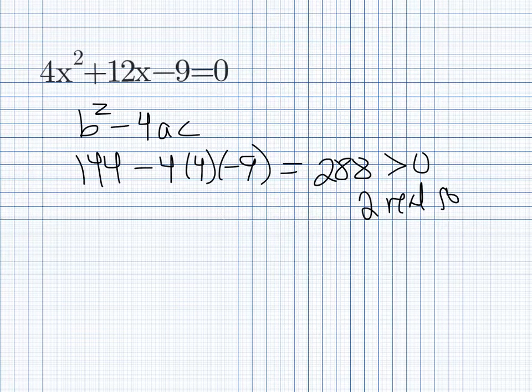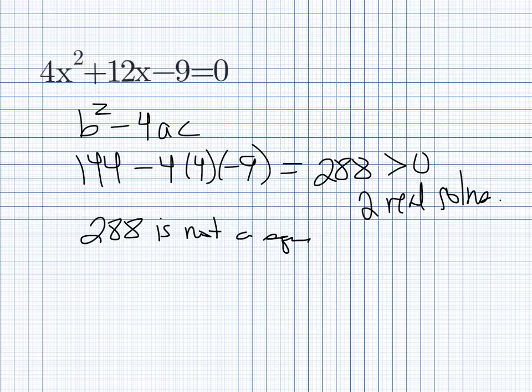And then the problem asks us to break this down further. It says, determine whether the real solutions are rational or irrational. So now we need to know whether or not 288 is a square. It turns out that 288 is not a square. So that means that it does not have a square root which is a rational number.